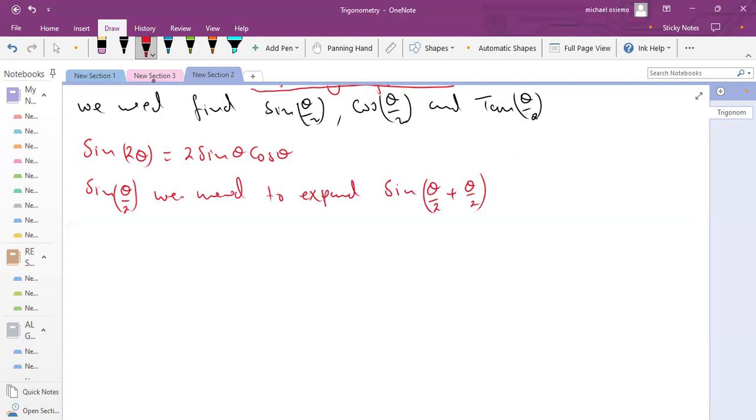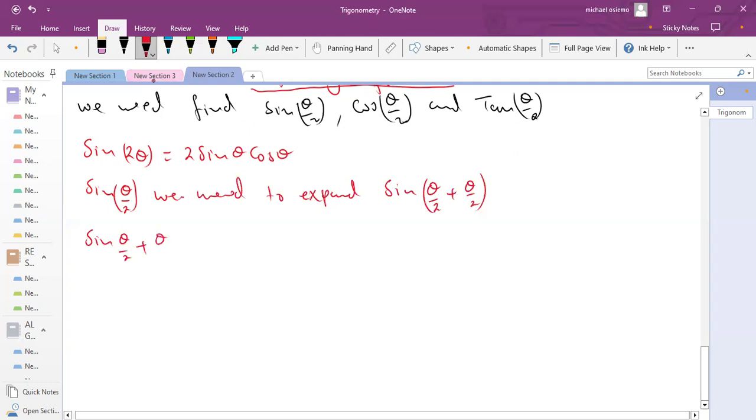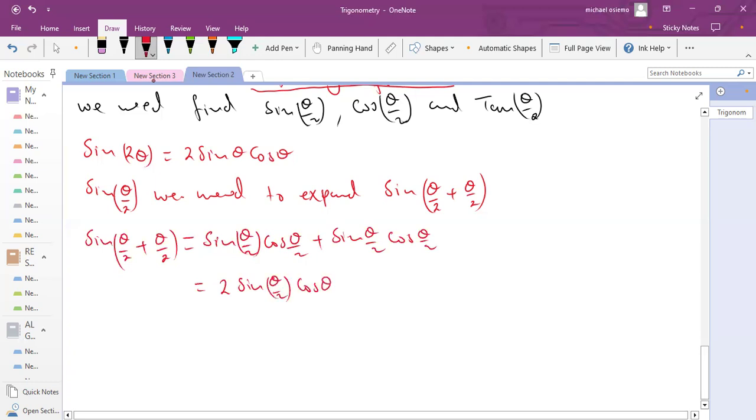If you expand this one, sin of theta over 2 plus theta over 2, it will be equal to sin theta over 2 cos theta over 2 plus sin theta over 2 cos theta over 2, which is simply equal to 2 sin theta over 2 cos theta over 2.